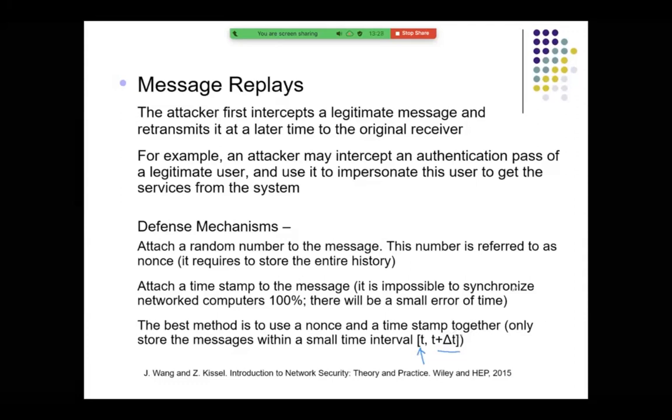So you have a t, then within a small range. This is negative delta t. This is positive delta t. Then all the machines on your network, their local clock will be in this range.